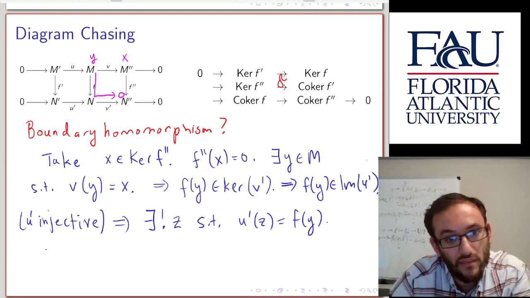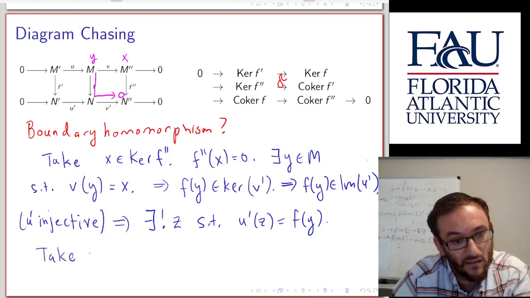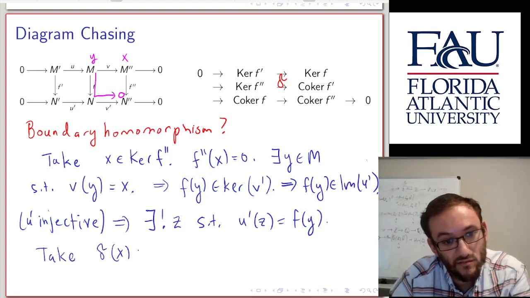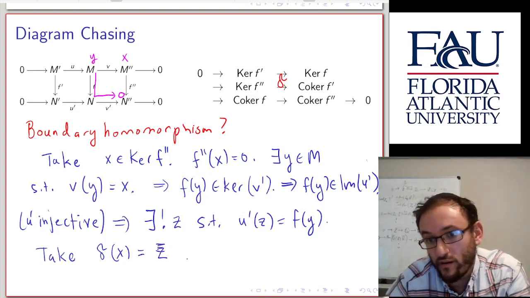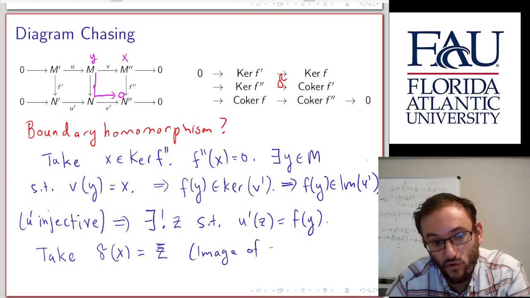And so the boundary homomorphism is going to be defined as taking delta of x to be equal to z bar, where the bar indicates the image of z in the co-kernel.